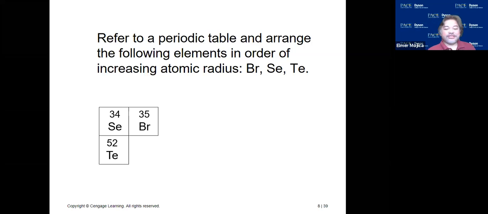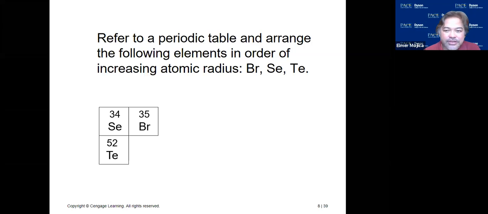So let's say you have it there. How are we going to arrange this from the smallest to largest atomic radius? Smallest is bromine.